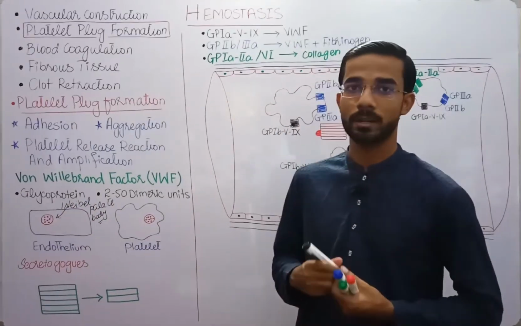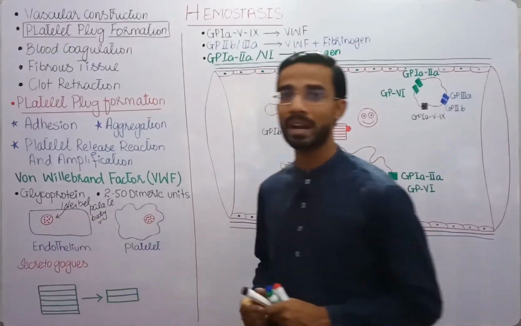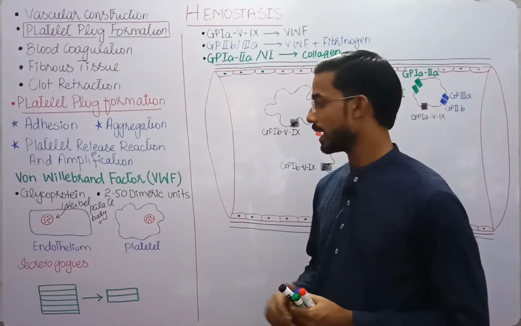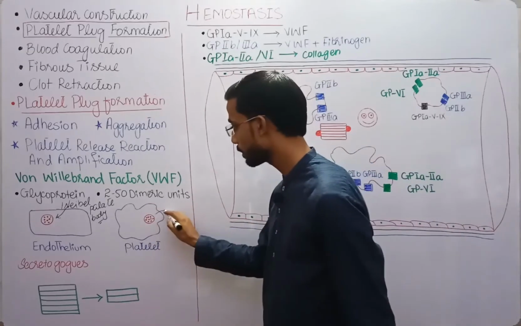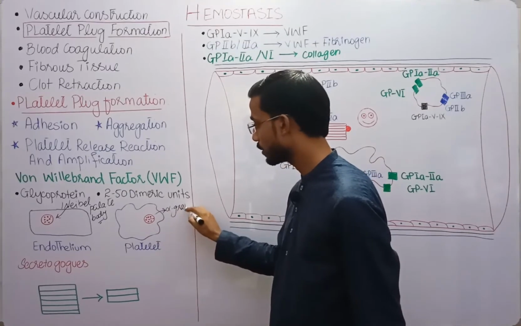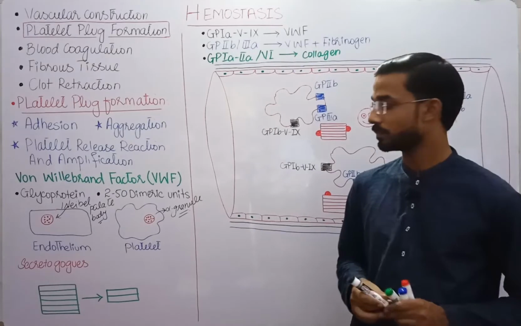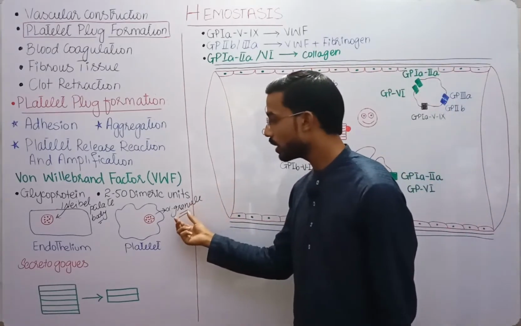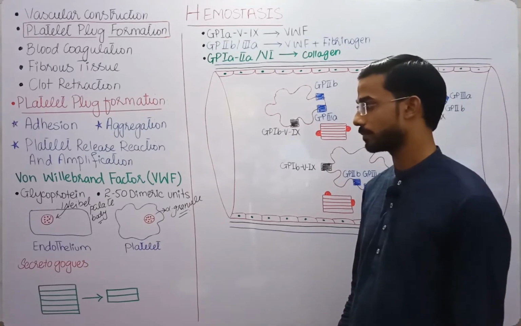It has von Willebrand factor. In platelets, there is an alpha granule, and in the alpha granule there is a lot of von Willebrand factor present in it, right?